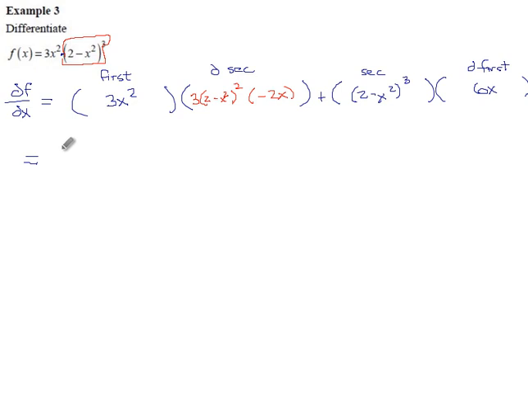Let's see if we can spiff this up at all. We have 3x squared. Let's see. We have 3x squared. We have this 3, and we have this minus 2x. We can mash all that together. 3 times 3 is 9, times minus 2 is minus 18. x squared times another x makes x cubed.